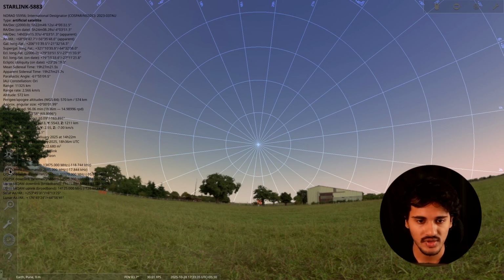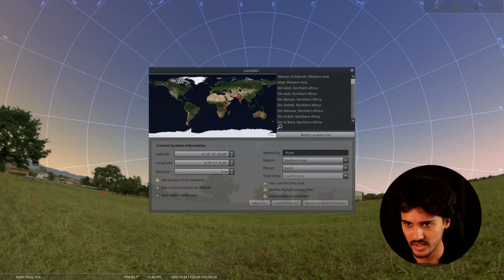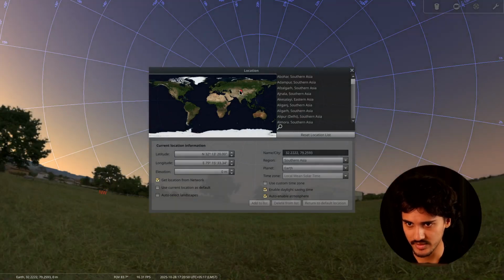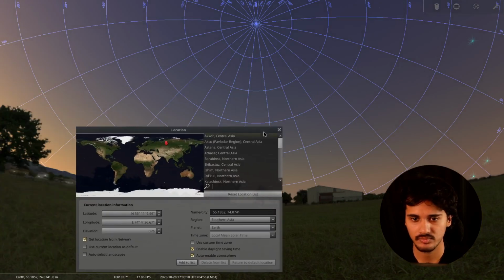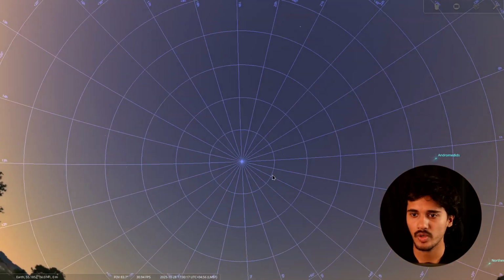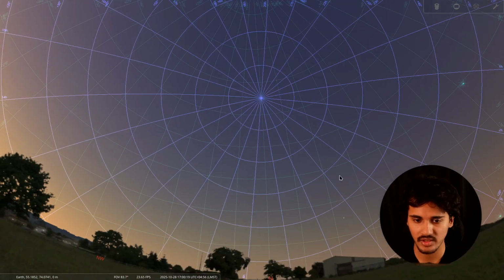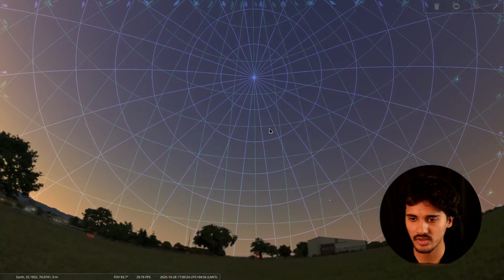Now we can change the position here. Hold on. Oh, it was the first window, and I can go north like this. Right now I'm in Siberia, and you can see that the North Pole has moved up quite a bit, and we can put the other coordinate system to see that, okay, it's still not to the extreme north.